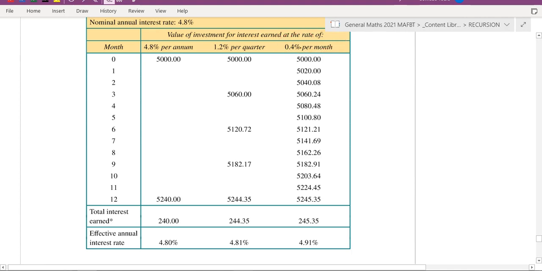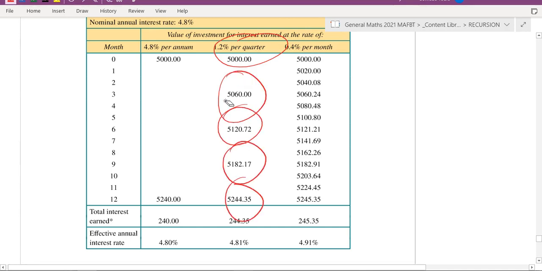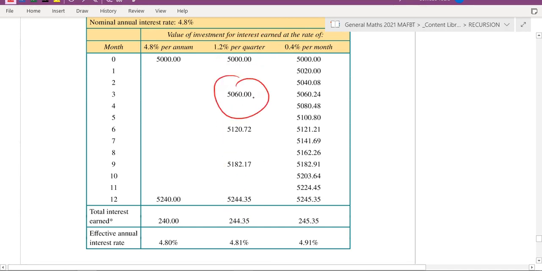Okay, it'll calculate how much interest you'll be paying. So if you're paying quarterly compound interest, you can see the amount going up by 1.2% for each compound. So it's effectively multiplying by 1.012 each time to get to that point.